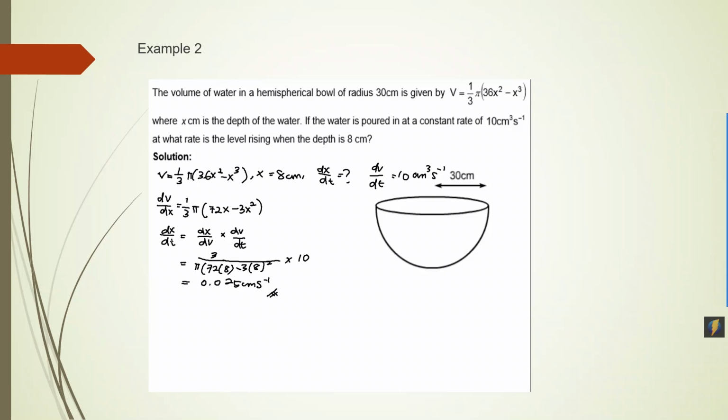Okay, so dx over dt equals dx over dV times dV over dt. We have dV over dx.